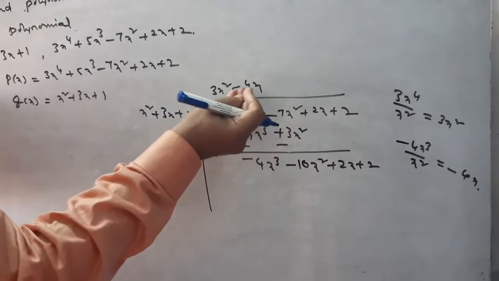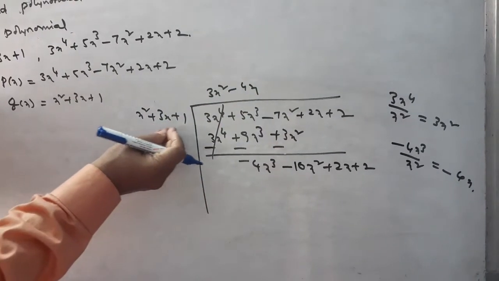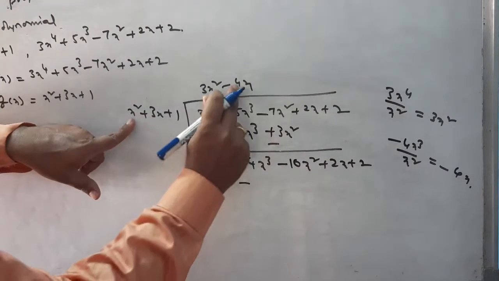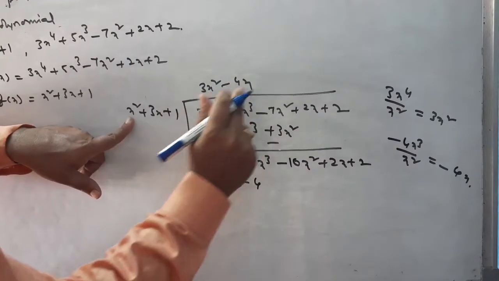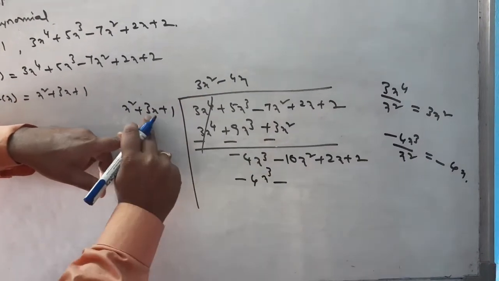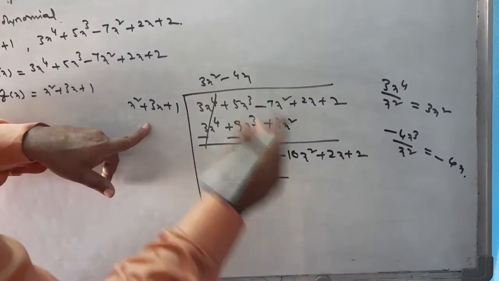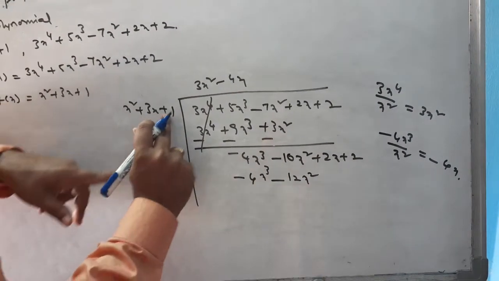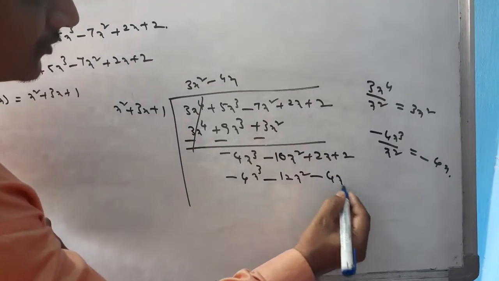Now multiply minus 4x with x square plus 3x plus 1. Minus 4 into x square, we will get minus 4x cube; minus 4x into 3x, 3 fours are 12x square; minus 4x into 1, we will get minus 4x.